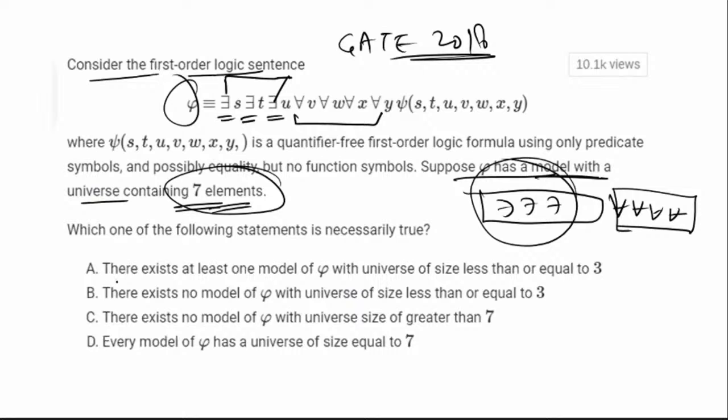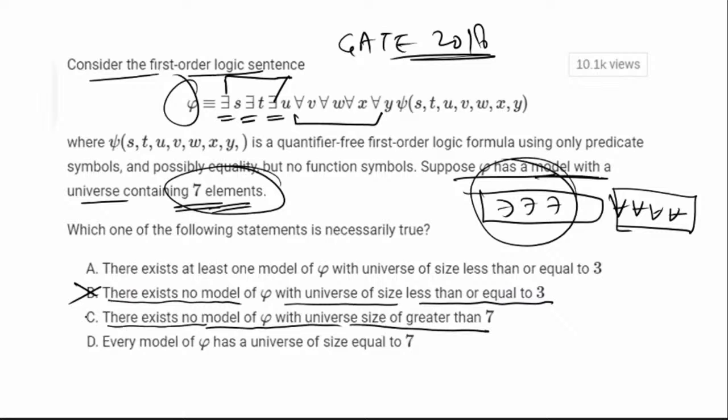So let's see the options. Let's see option B. He's saying there exists no model with universe of size less than or equal to 3. This is false, because we can guarantee that there exists a model of size 3. So option B is false. Option C says there exists no model of universe size greater than 7.